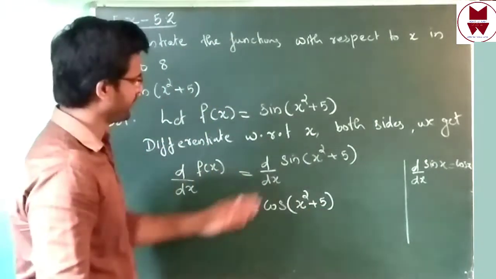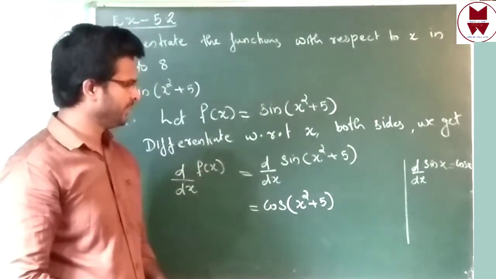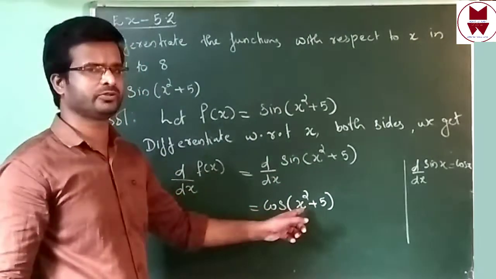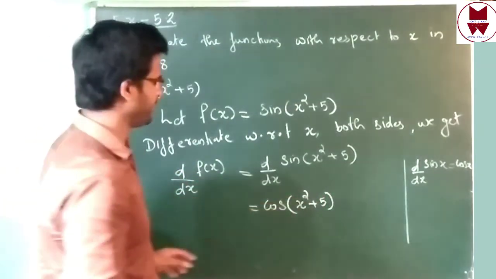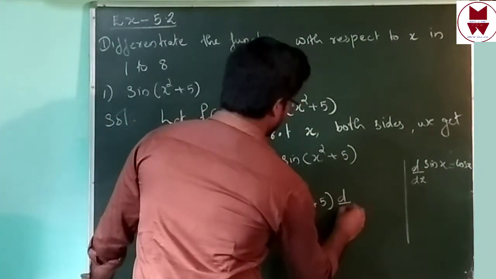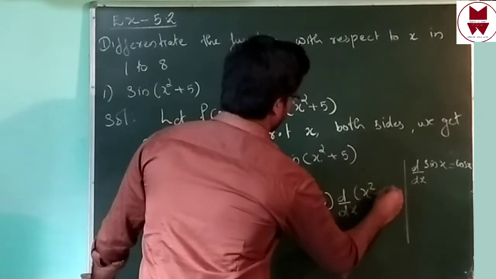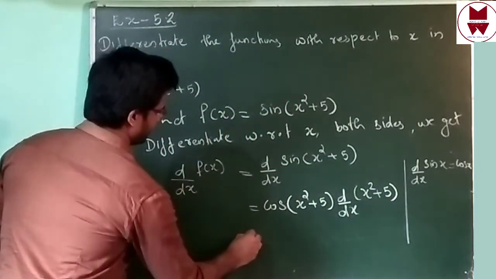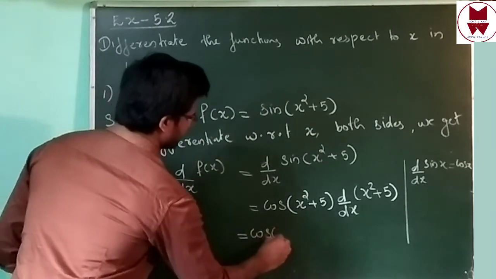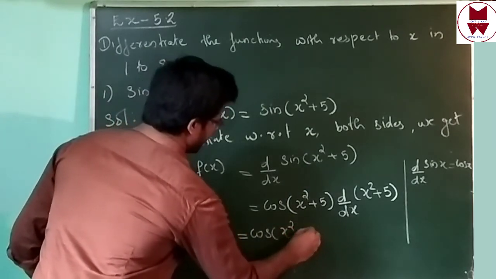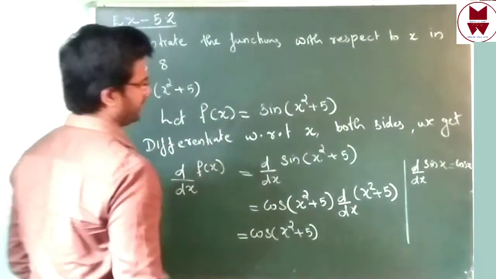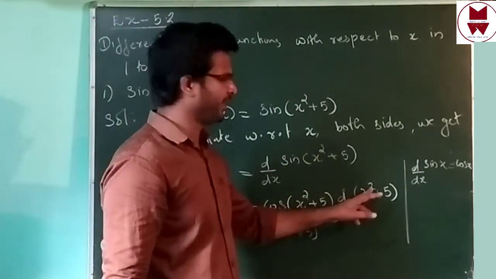Now we did the outside, that is sine, and changed it to cos. Then again you have to differentiate the inside of the bracket, that is d by dx of x square plus 5. You can write cos x square plus 5 into d by dx of x square.